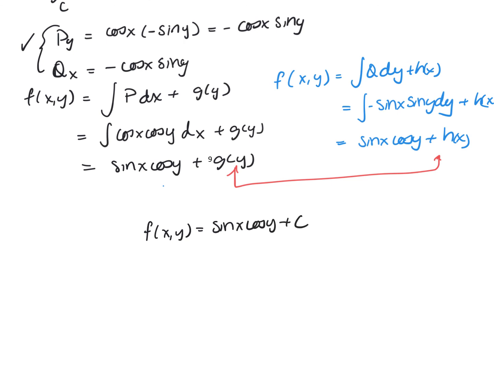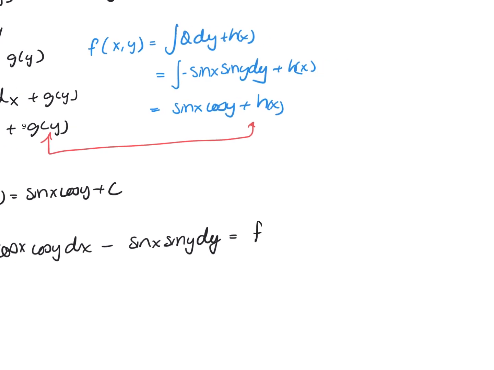Now we know by the theorem, when we integrate across the curve C of the cosine of x, the cosine of y dx, minus the sine of x, the sine of y dy, will be equal to my function evaluated at the final x, the final y, minus my function evaluated at the initial x and the initial y.